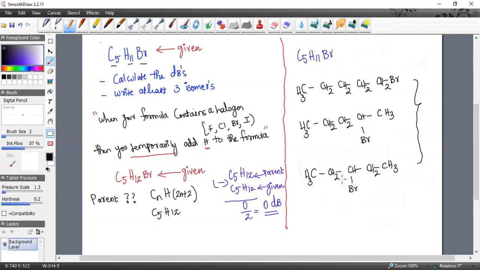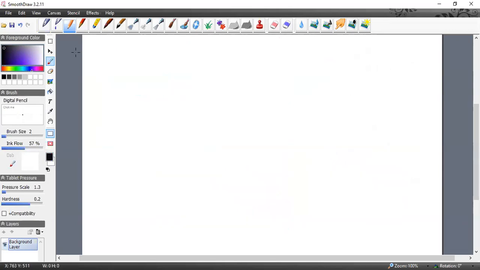So what if we have a compound that contains, say, oxygen, okay? I believe I did say C6H12O. When you have oxygen, you don't make any, actually, you don't add or remove hydrogens.